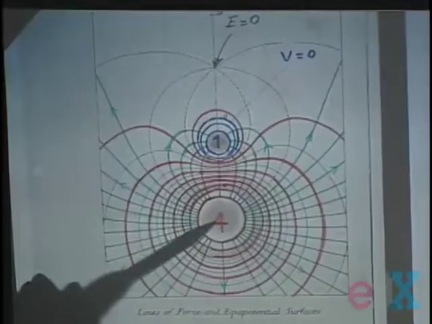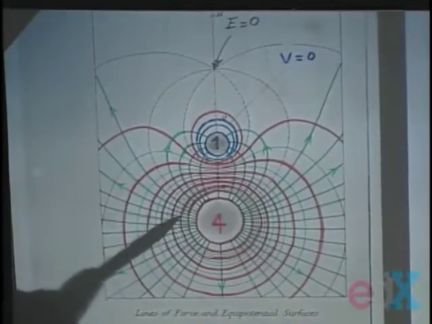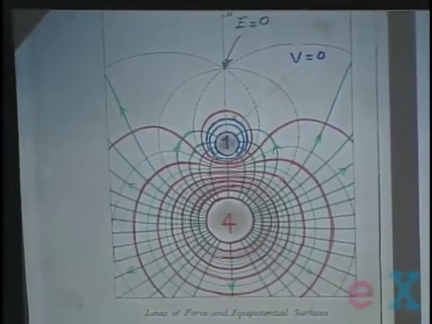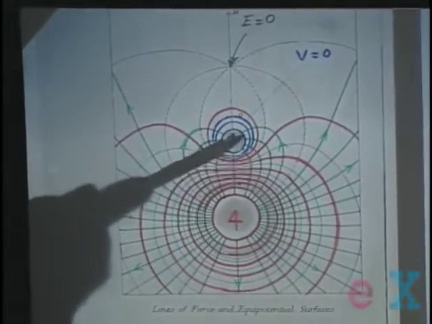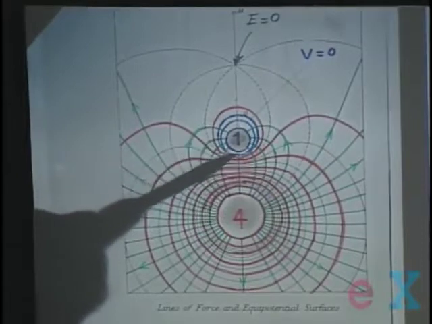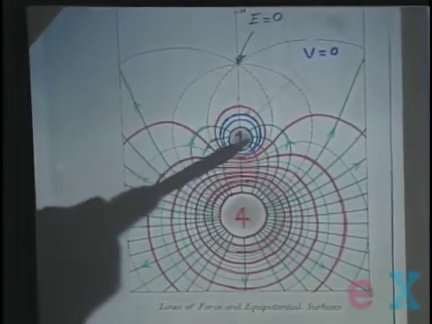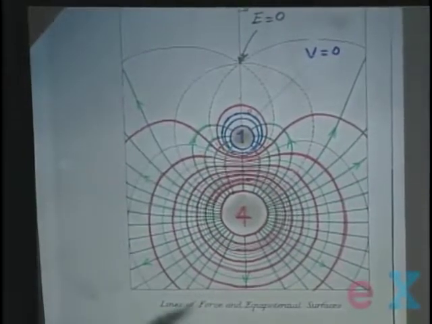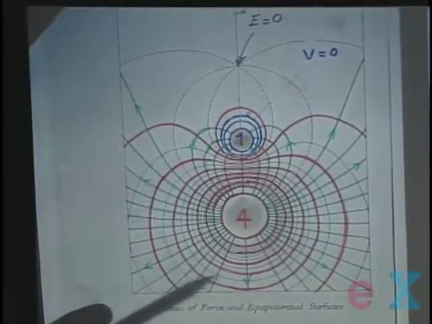So that's clear, that the +4 and the -1 far away behave like a +3. If you're very close to the +4, you get nice spheres around the +4, positive potential. If you're very close to the -1, notice that the blue surfaces are almost nice spheres, but now they're all negative, because you're very close to the -1. So a negative potential.